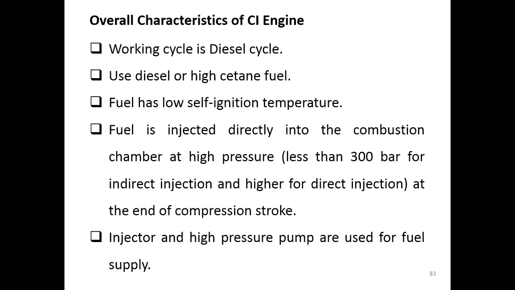So what is the meaning of a high cetane number for diesel fuel? It means that the fuel has a low self-ignition temperature. You can see the difference between the SI and the CI engine. For the SI, we look for fuel that has a high self-ignition temperature. For the CI engine, we look for fuel that has a low self-ignition temperature.